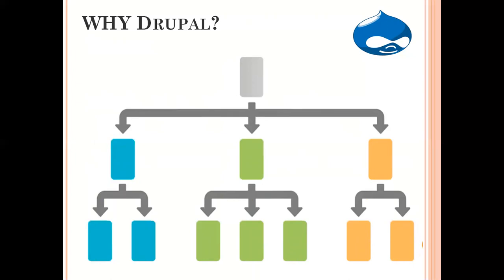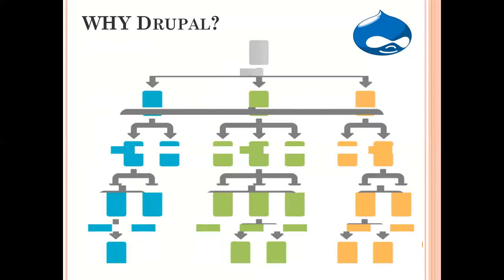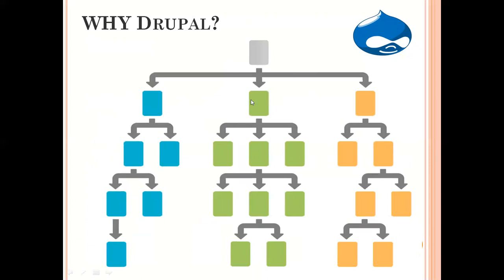What if you have too many pages, too many sites and too much information? You can see here you have a home page, and its content has 3 additional pages, and with that 2 more pages connected to this page, and along with that another 2 pages, and like that the chain of pages goes on.